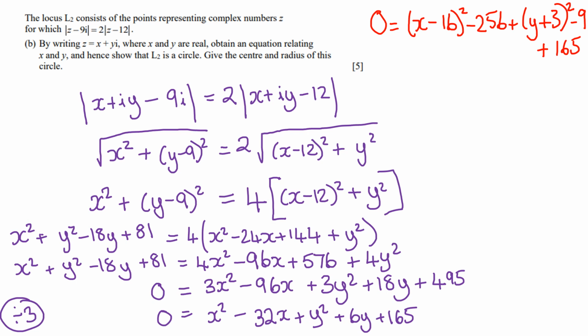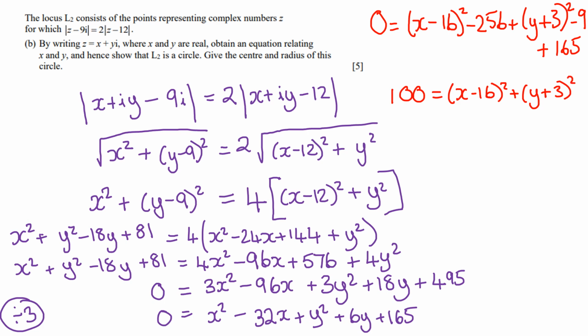On the machine, let's do minus 256 and a minus 9 and an add 165. That's going to leave me with negative 100. So I'll take that negative 100 over here. So I've got 100 equals x minus 16 all squared plus y plus 3 all squared.